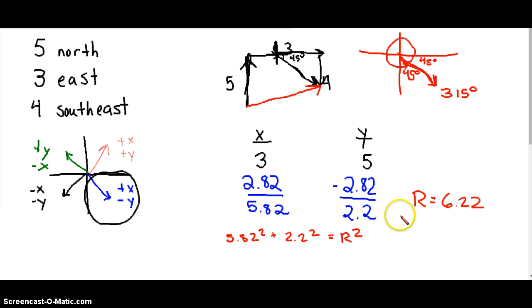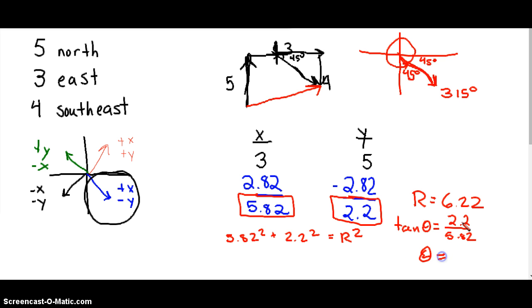Again, to find the angle, I can take my total x right here and my total y and use tangent theta is equal to 2.2 over 5.82.